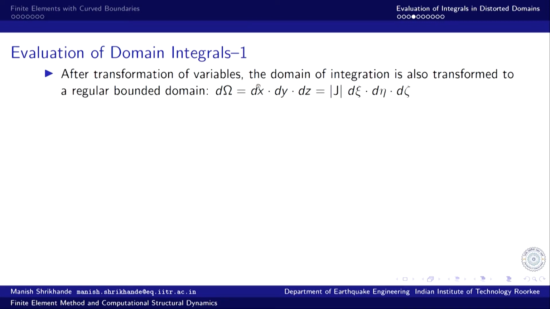So, d omega, the elemental volume, that is dx dy dz, is given by the determinant of J, the Jacobian of transformation, multiplied by d xi d eta d zeta. Once we substitute d omega as determinant of J d xi d eta d zeta, the other integrands are of course already transformed in terms of xi, eta and zeta, and the domain boundaries are always limited by the local coordinates.